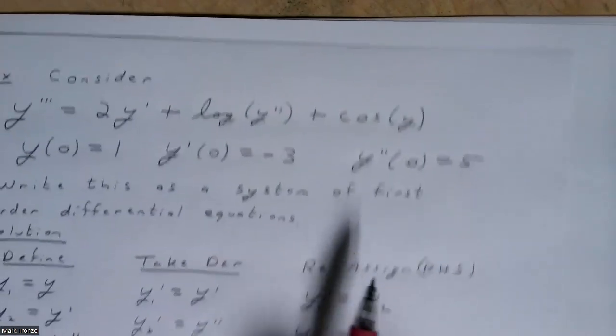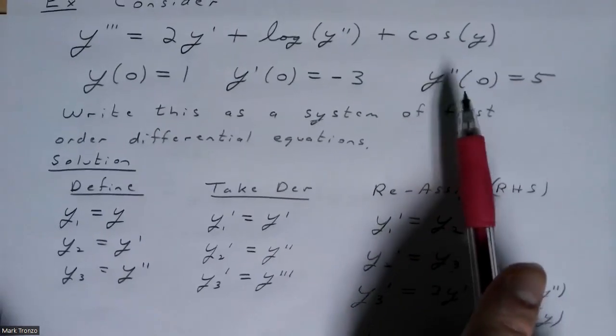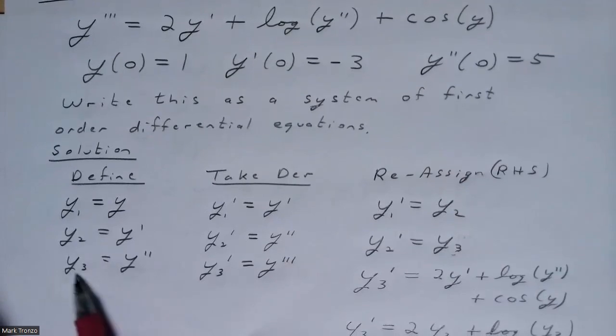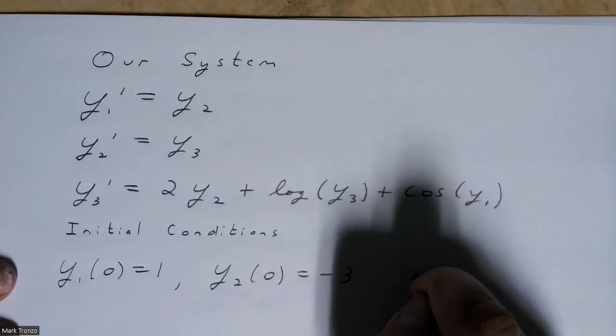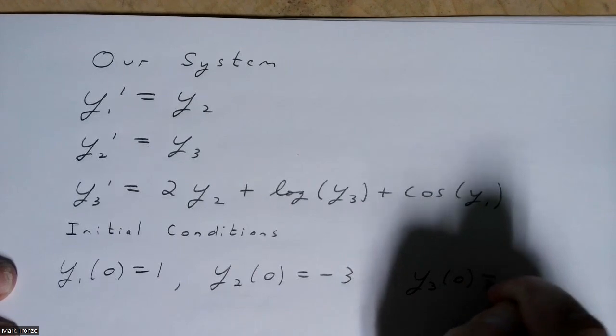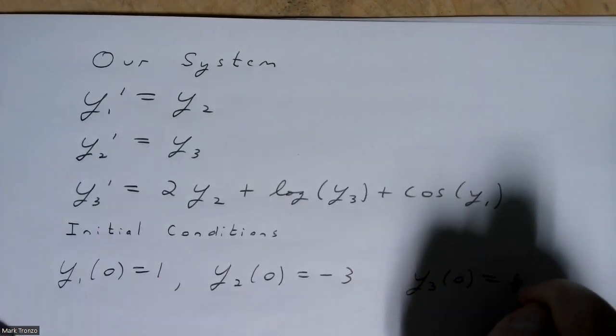And then finally, for our last one, we have y double prime. We want to replace that with something with a subscript with no derivative. Y3 is y double prime. And that's 5.